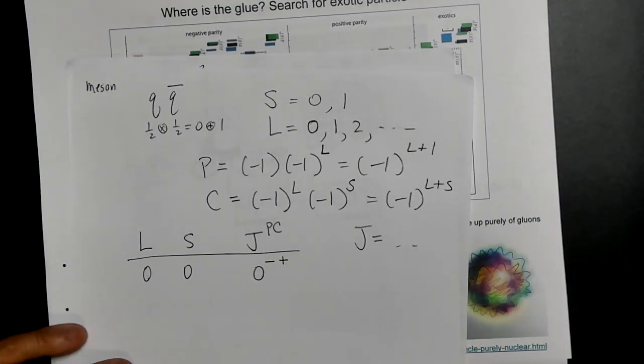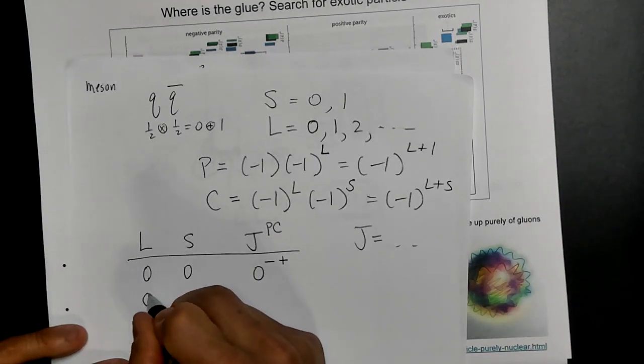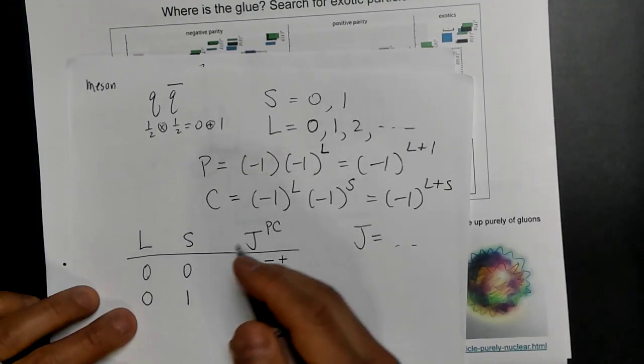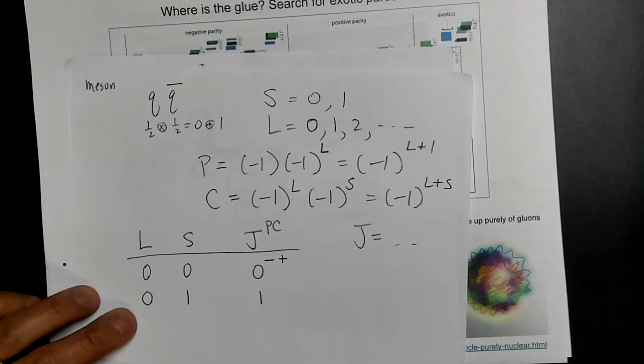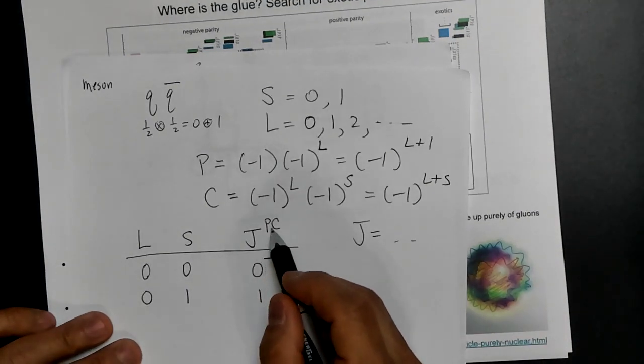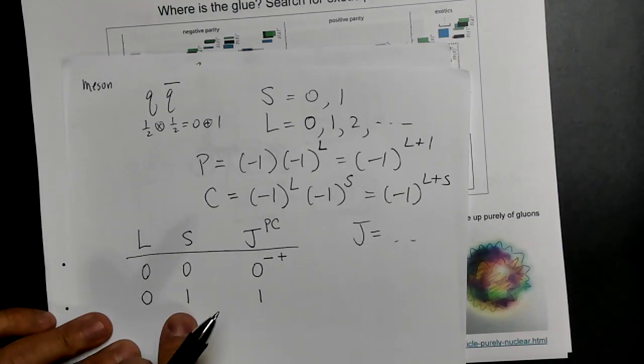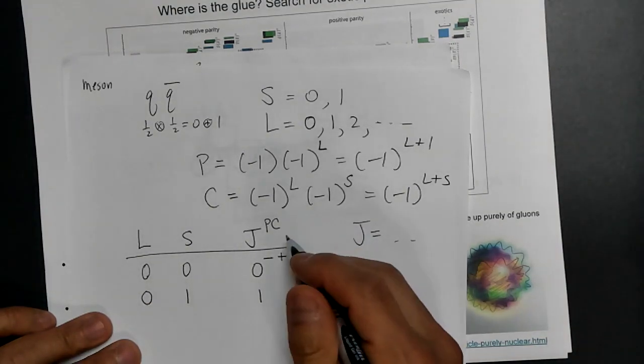Okay, now let's go on. So I can have, let's say, L equals 0 and spin 1. And now in this case, J can equal 1. Adding angular momentum 0 with angular momentum 1, I can get angular momentum 1. That's the only thing I can get.